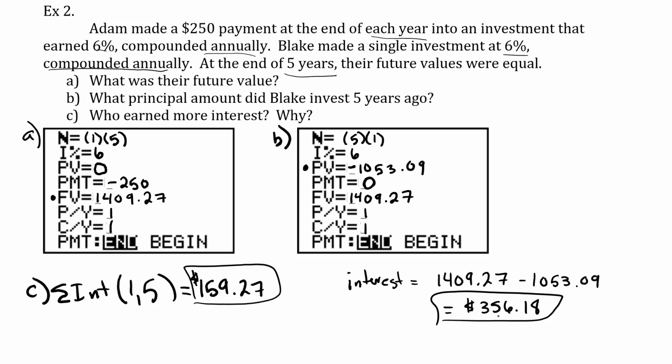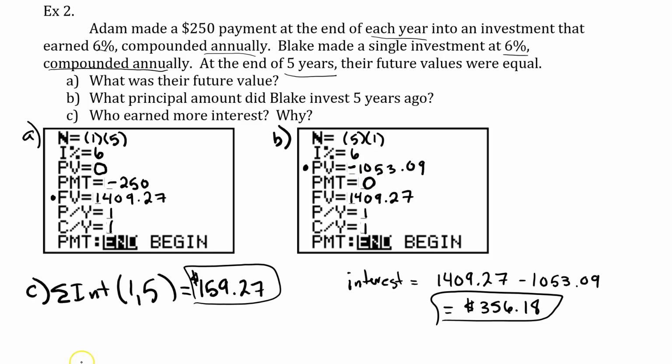So we notice that more interest was actually collected by Blake. So why is that? Well, Adam started out with no money, and so the interest collected slowly. Every year he added $250, and interest accumulated a little bit slower because Blake had an initial lump sum of much more money than, say, 0. More interest is able to be collected.